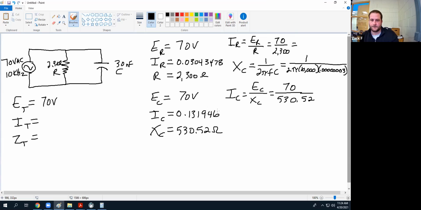Now what can we solve for? Maybe we should look at X sub C and R in parallel on our formula sheet. What does it say for total current?